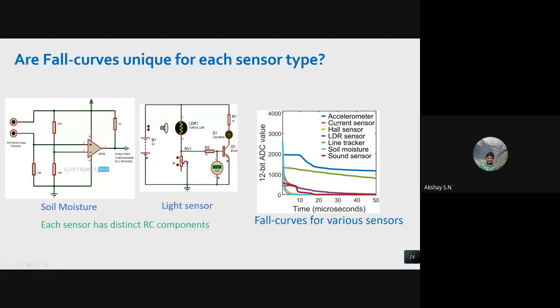For each of these sensors, we have a unique fall curve, which indicates that by just looking at this curve, you can detect which sensor it belongs to. For example, this blue line indicates an accelerometer sensor, and the green line indicates a line tracker sensor. So each sensor has a unique fall curve.